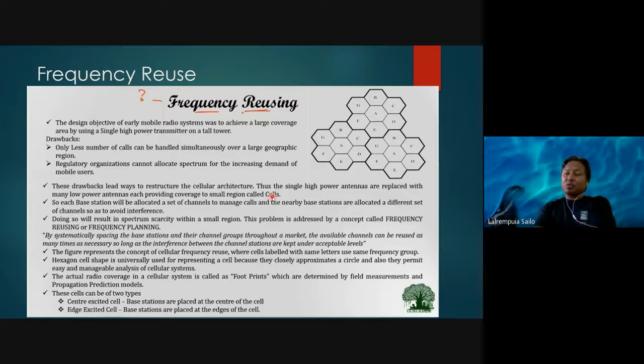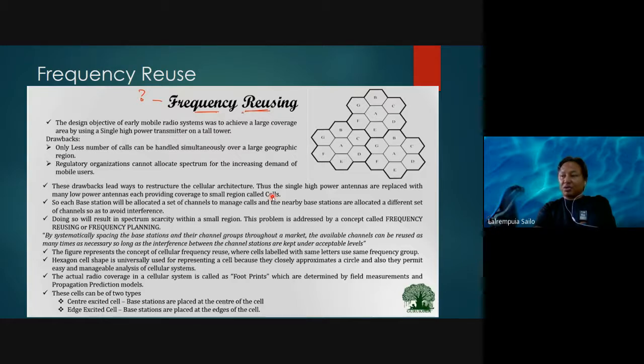You have to tune to the particular frequency, then you can watch the video, the TV information. Like this, each and every base station is allocated a channel, a frequency to manage calls, and the nearby base stations are allocated a different set of channels so as to avoid interference.